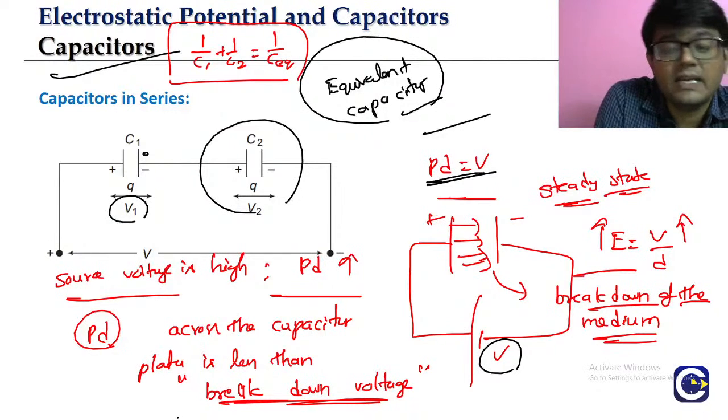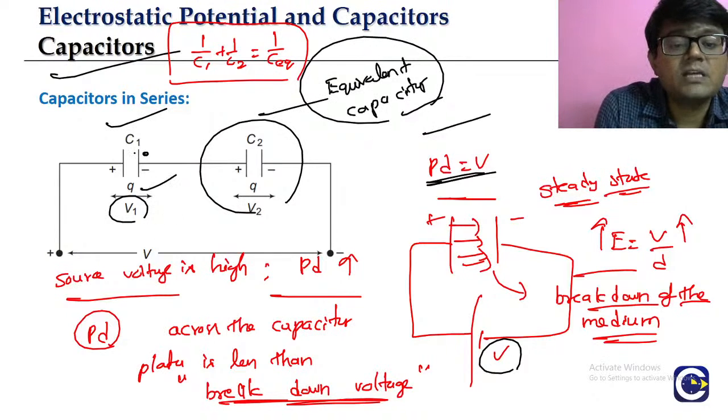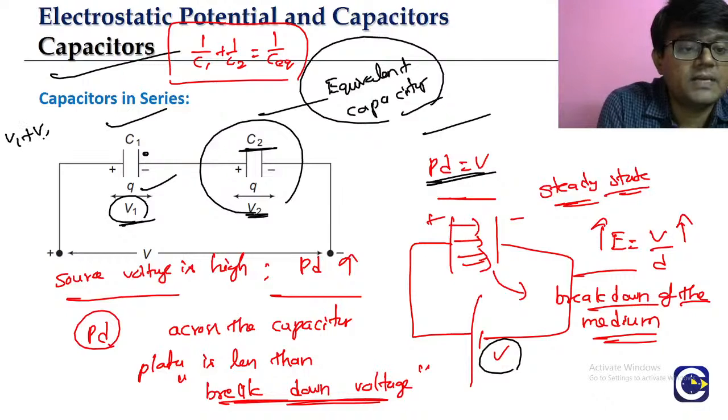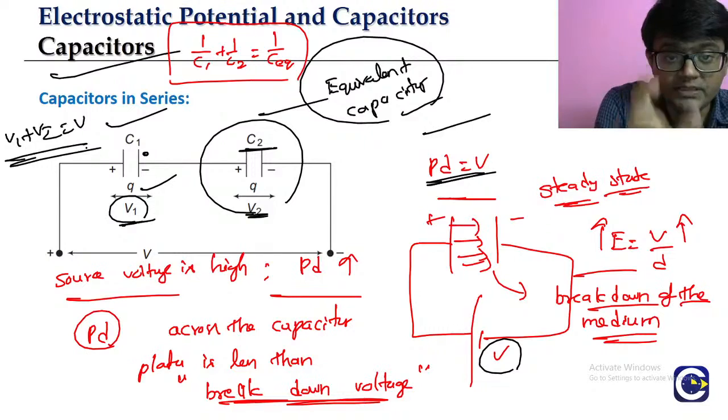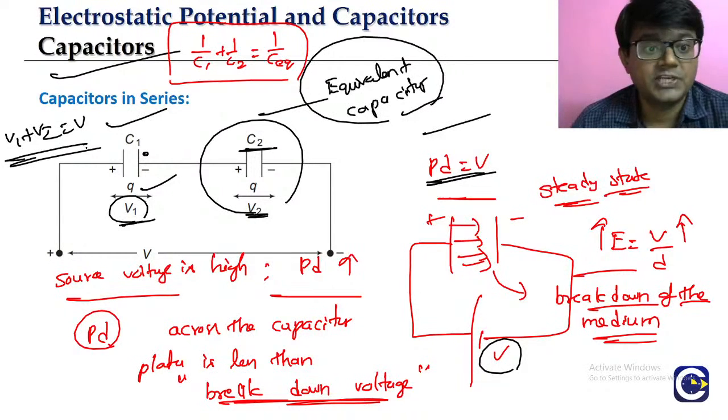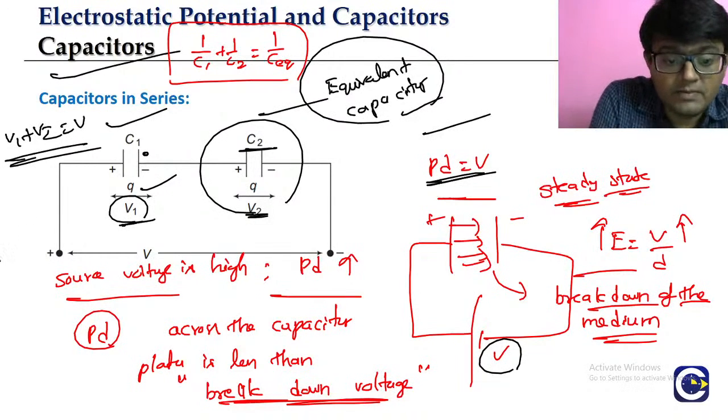Look, what happens in a series combination? If you are connecting two capacitors in series, the potential difference across C1 is V1 and across C2 is V2. So what is the relation? V1 plus V2 is equal to V. The potential difference on each of the capacitors will not be equal to the source potential; when we add both, it will be equal to the source potential.